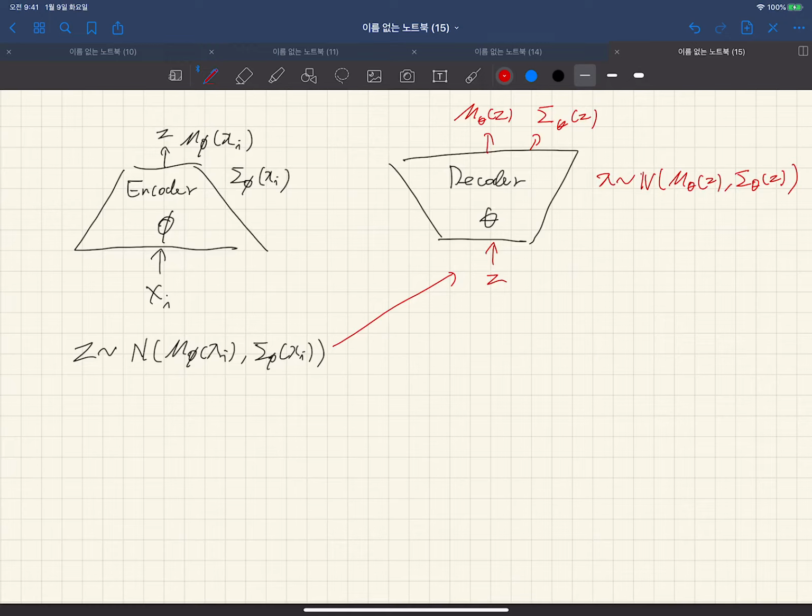Okay, so why is this useful? First, we can measure the distance between this latent variable outcome, the output of the encoder, and the normal distribution with mean 0 and identity covariance matrix. Why is this required? Because we want our latent variables to follow zero mean and identity covariance matrix over the entire data.